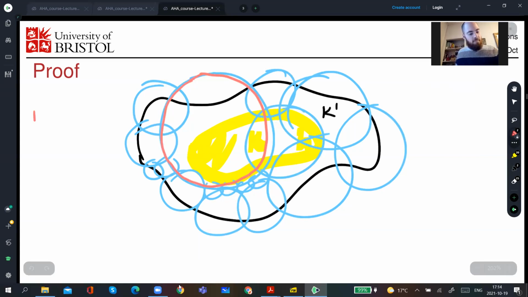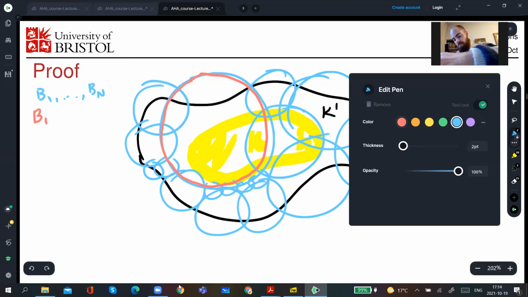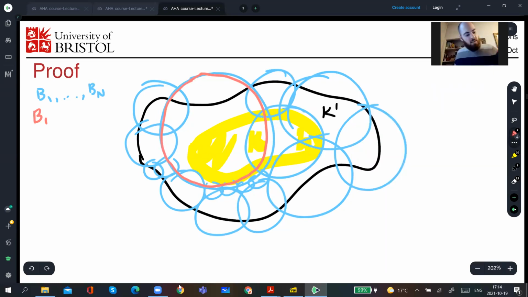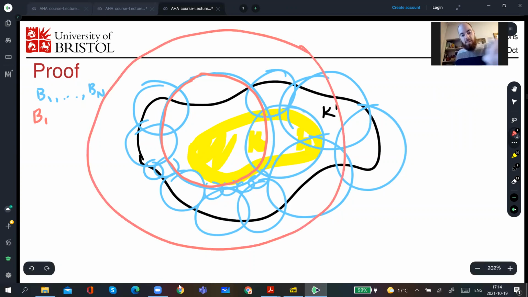And call that B1. So these blue balls are my B1 up to Bn. And now my sub collection, which I'm re-indexing, is going to start with B1, the biggest ball. And out of my blue collection, I'm going to throw out all the balls in 3 times the radius of that biggest one.